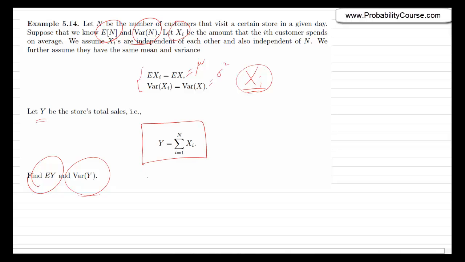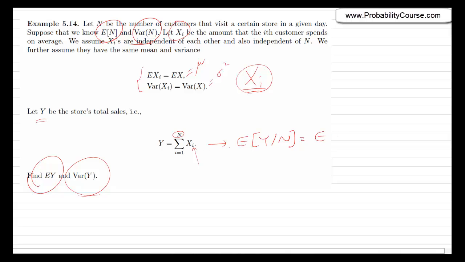So we are interested in the expected value of this random variable Y. Y is a sum of N independent random variables Xi, but note that we cannot use the linearity of expectation here directly, because N is also random. We have a random number of random variables Xi, because the number of customers is random. So we cannot use linearity of expectation directly, but we can condition on N. If we know the value of N, then Y is just the sum of N independent random variables.